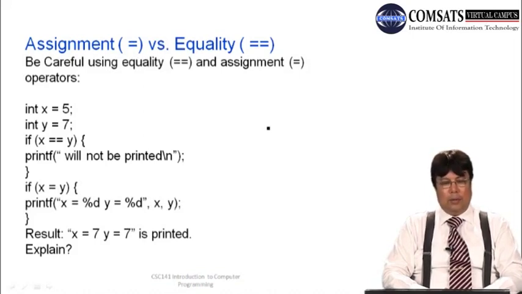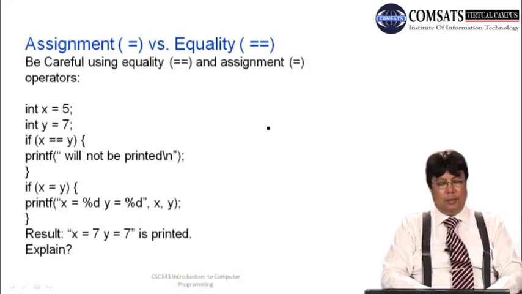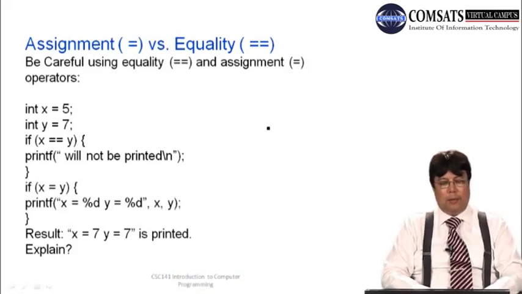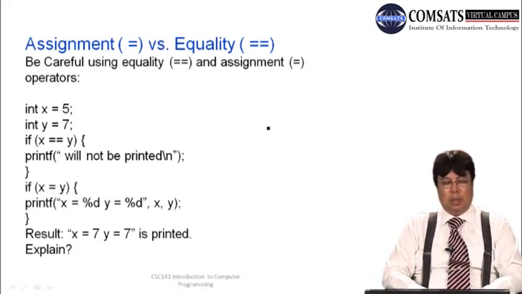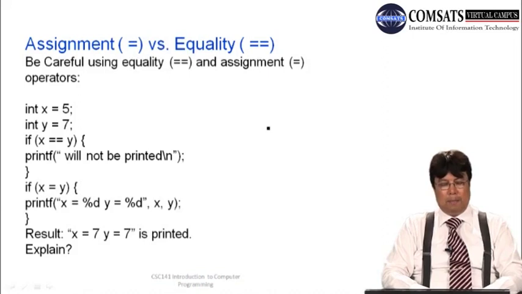x is equal to 5, y is equal to 7. If x equal equal 5, printf will not be printed. If x equal y, then printf x is equal to y and y is equal to %d.